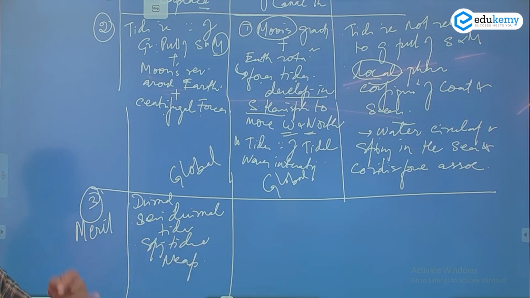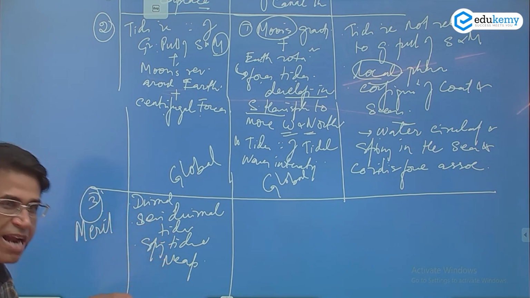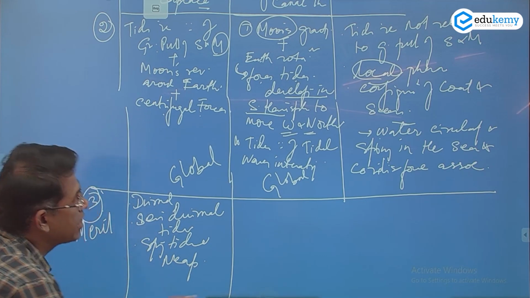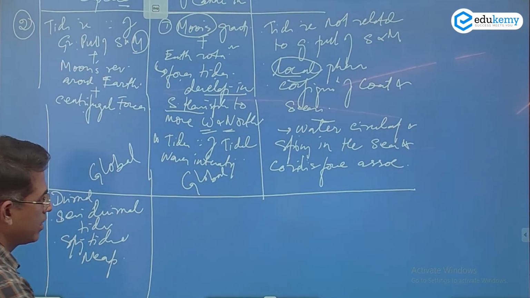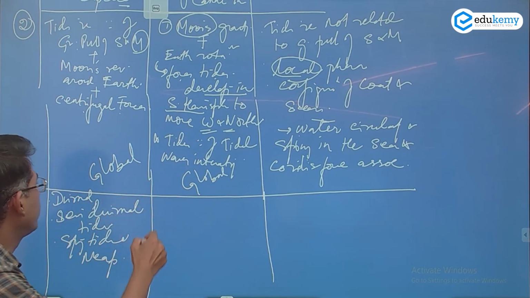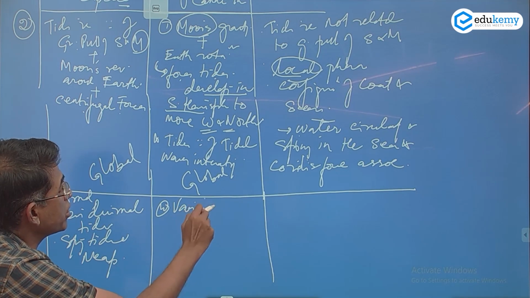Diurnal is the daily cycle, every 12 hours, every 24 hours. The diurnal tides, the semi-diurnal tides, the spring tides and the neap tides can be explained by this theory.